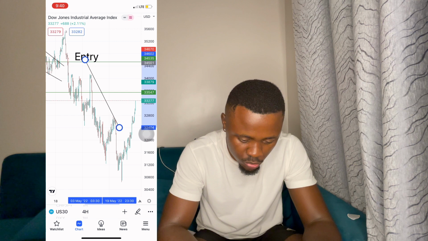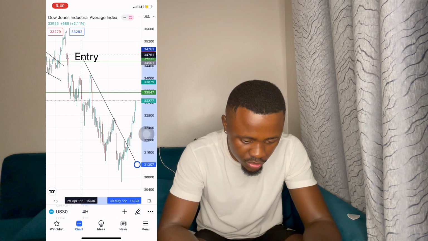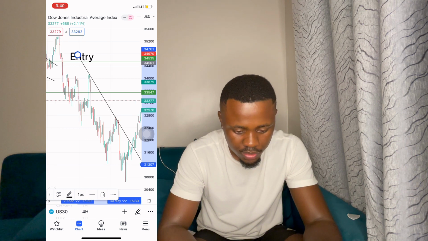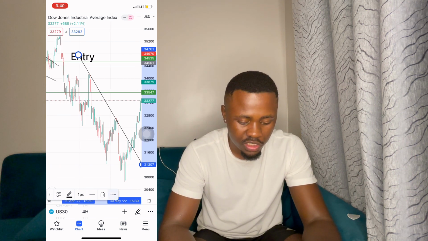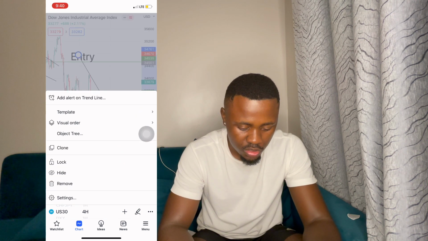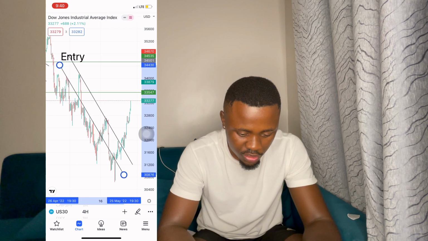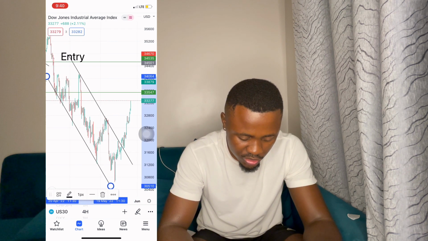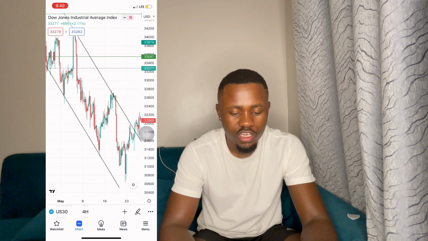I'm going to first zoom out and draw a nice trend line, something like this. Then again, you have to draw the second trend line. So I'm just going to clone it here. This is my second trend line. I'm just going to put it just there. So now you see we have a downtrend.